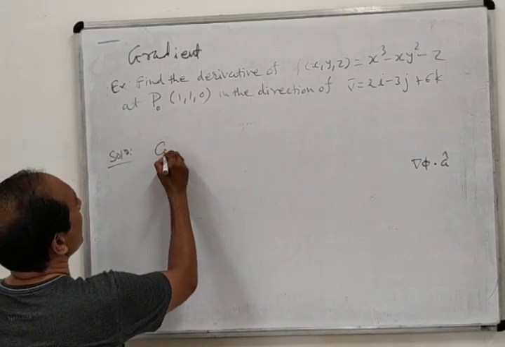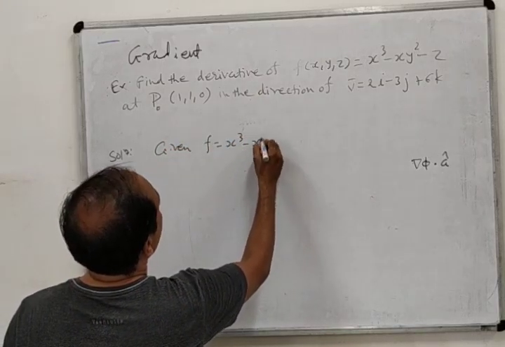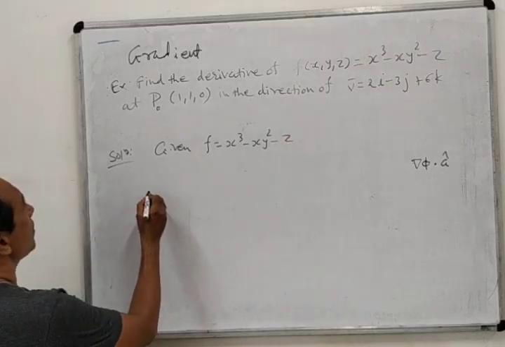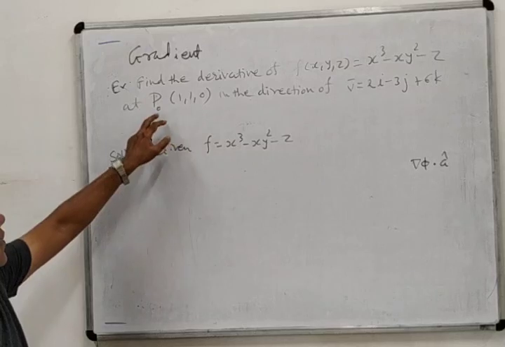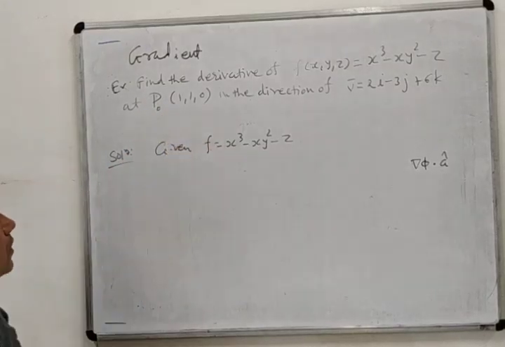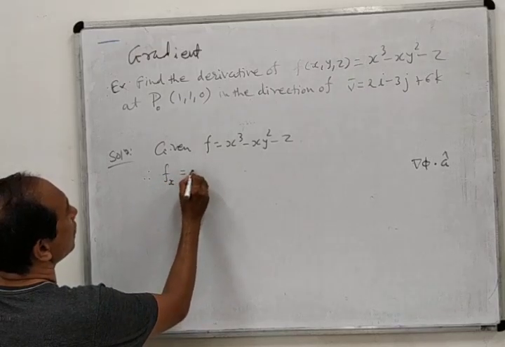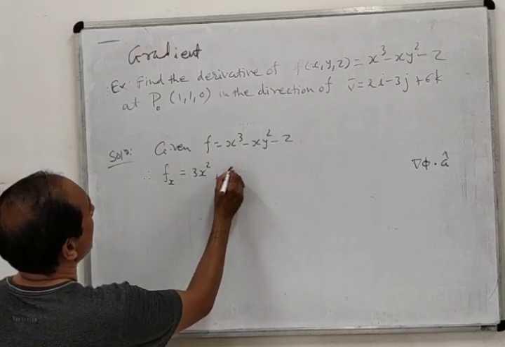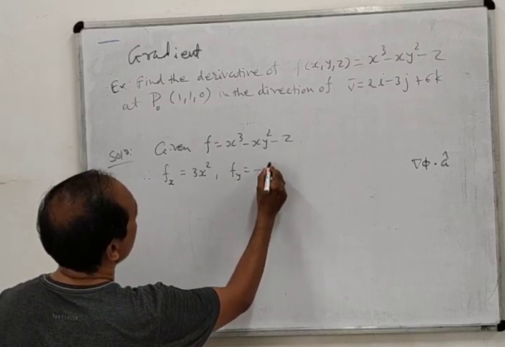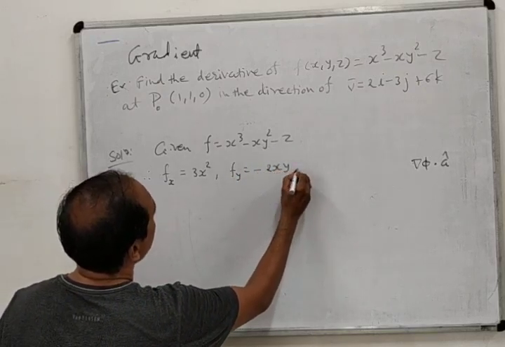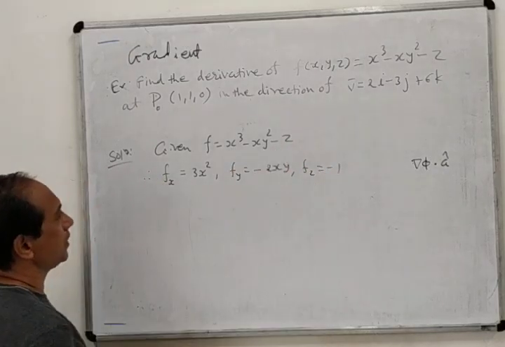So here we are given f equal to x cube minus x y square minus z. Here p0 is just the name of the point, so we should focus only on the values 1, 1, 0. First we will find its derivatives. F x equal to 3x square, f y equal to minus 2xy, and f z equal to minus 1.